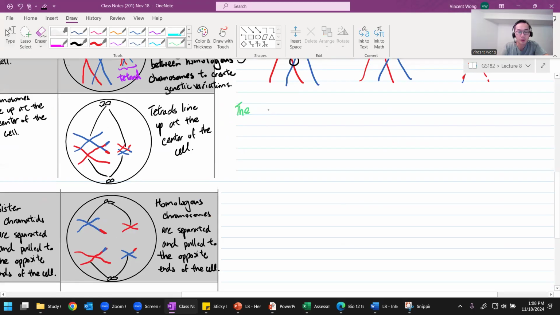Okay, so the orientation. Orientation is like the positioning, okay? The orientation of each tetrad is random and independent of each other.